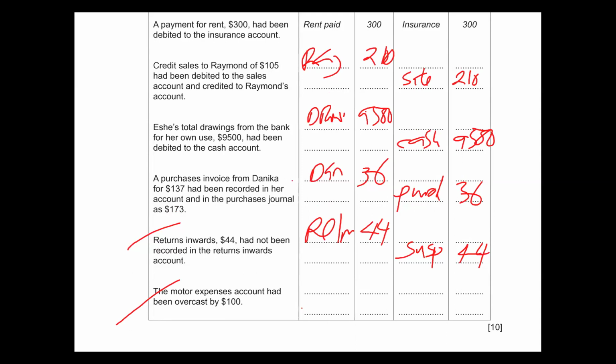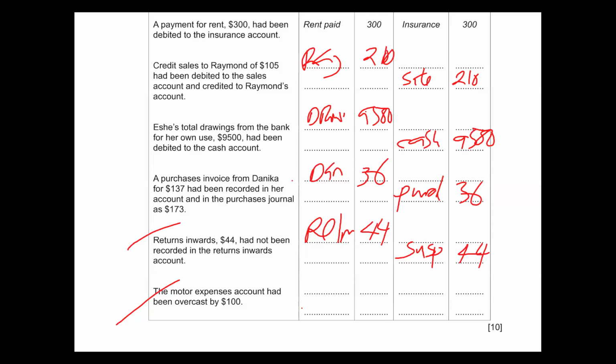Right. This is very powerful. Okay. You know, the motor expenses account had been what? Had been overcast. Right? It had been overcast by $100. So how do you correct this error?